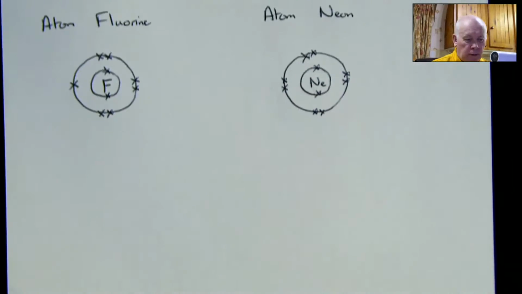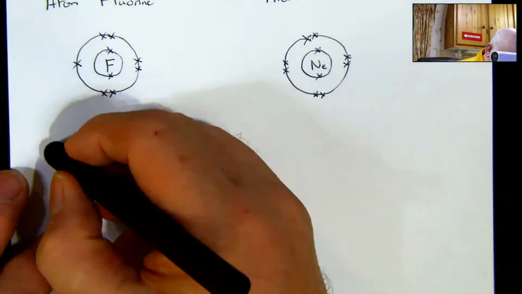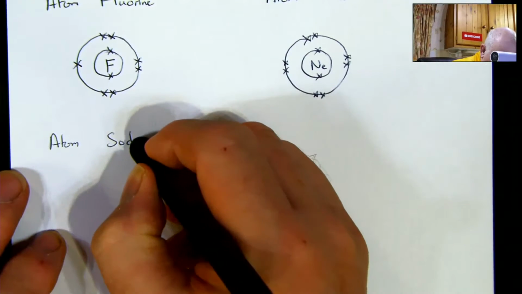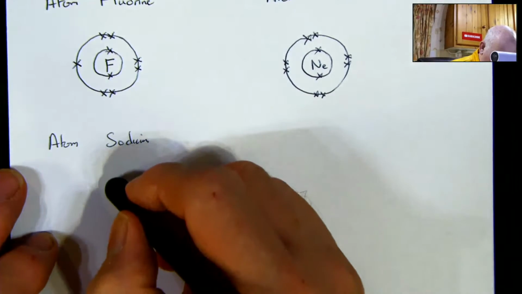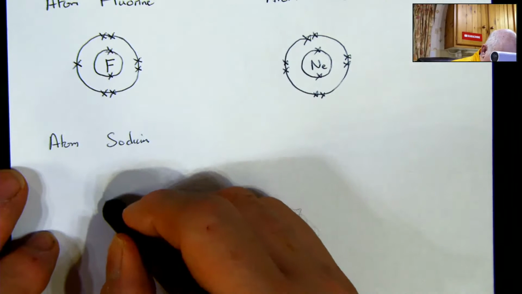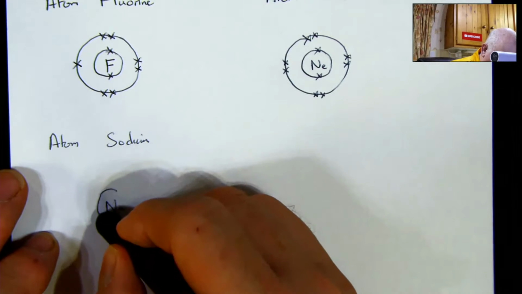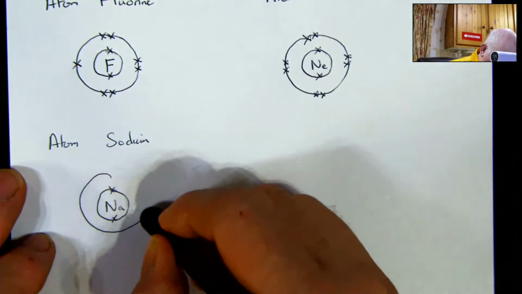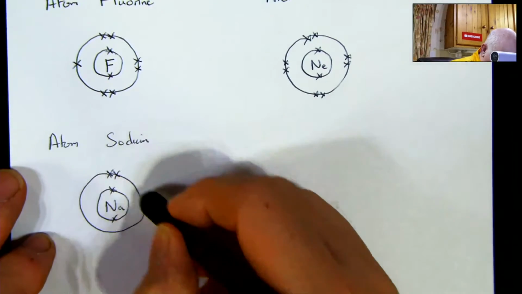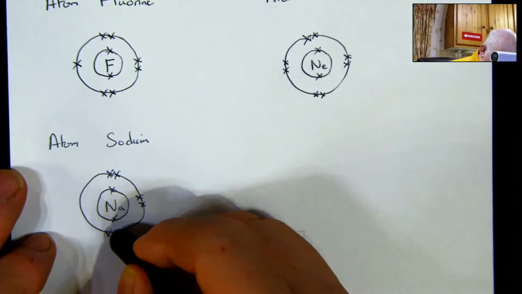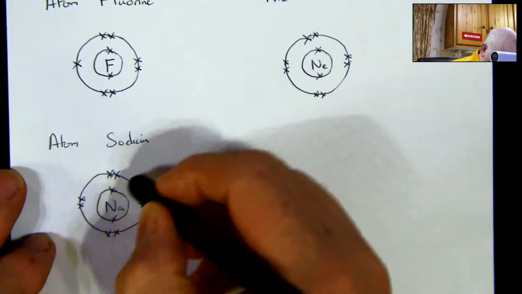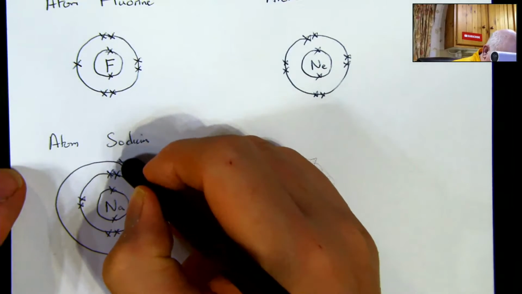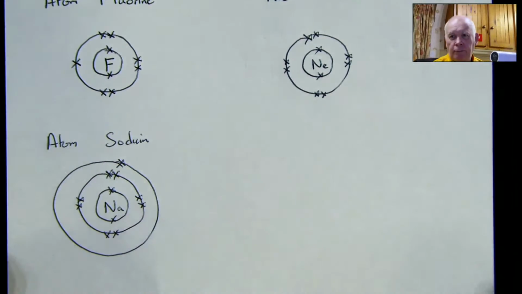And the last one we looked at, an atom of sodium, symbol Na. And we've got now another full shell. And in the outside, we've got just 1 electron.